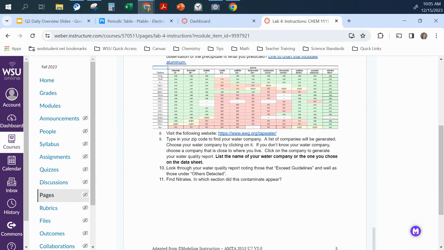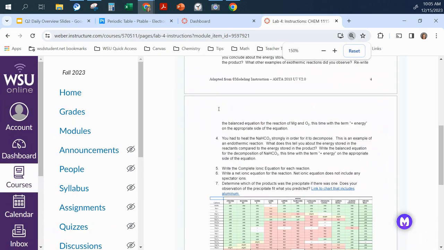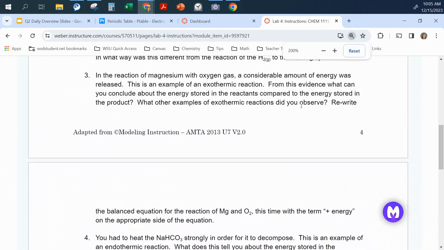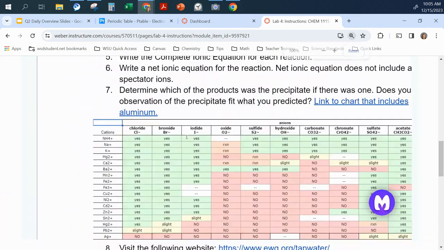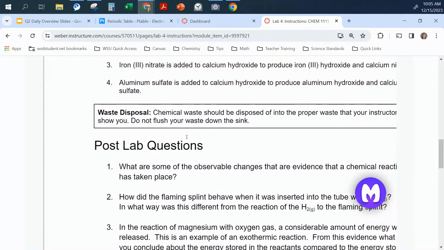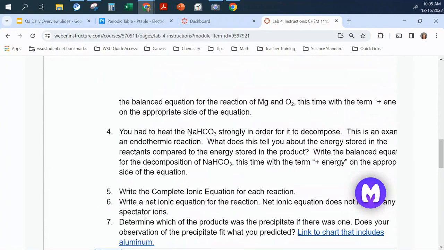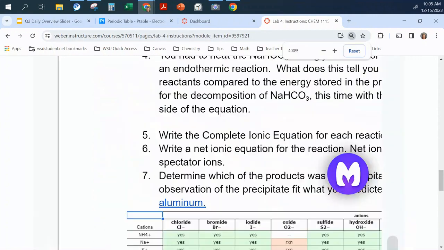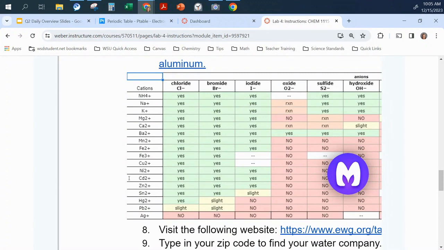So the first one is nickel 2+. If I look down here, let's see if we can make it bigger. So if I look here, I've got nickel 2+. The green means that it's soluble, that it's going to be in the aqueous phase. So if it's nickel chloride, it will be soluble.